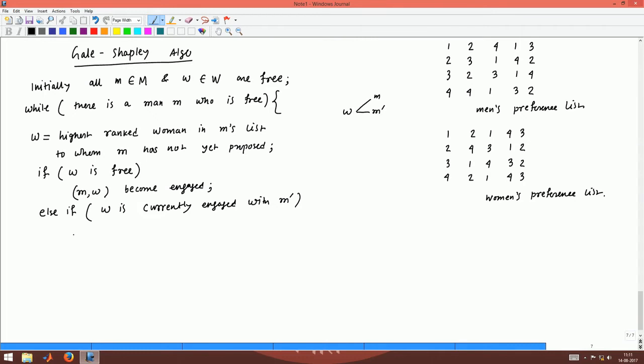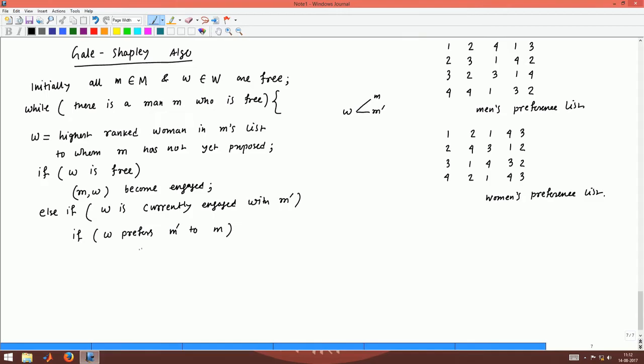So, if W prefers M prime to M, that means she prefers her current matched partner more compared to the new proposal from M, then she will not break her engagement.